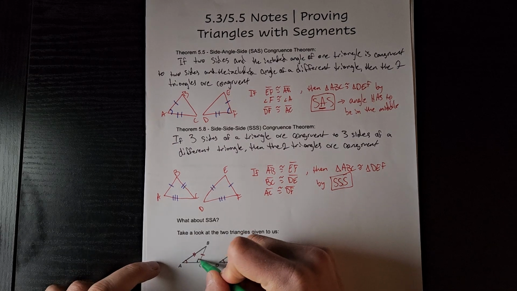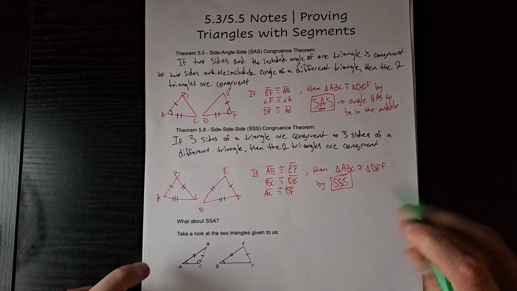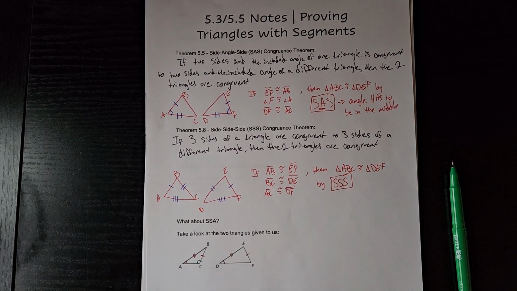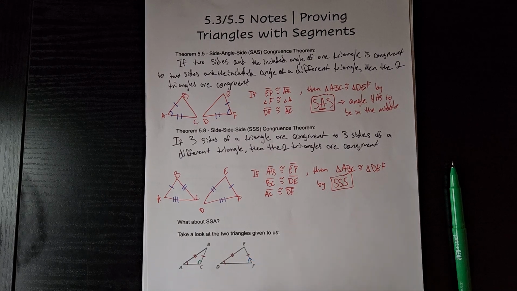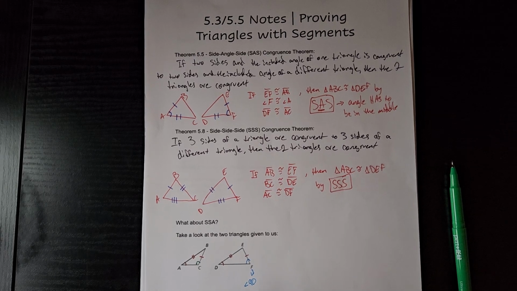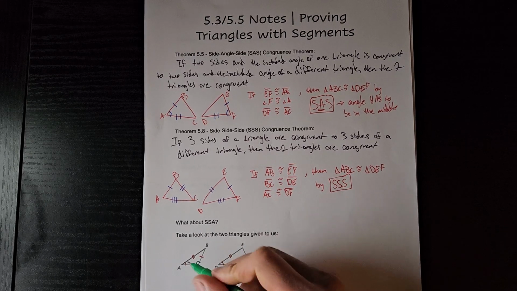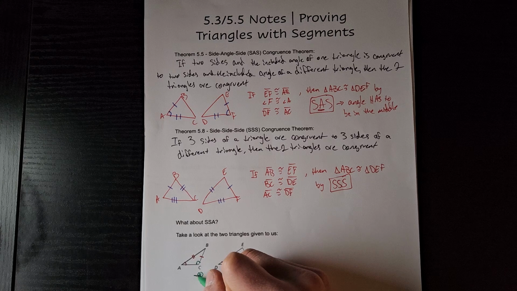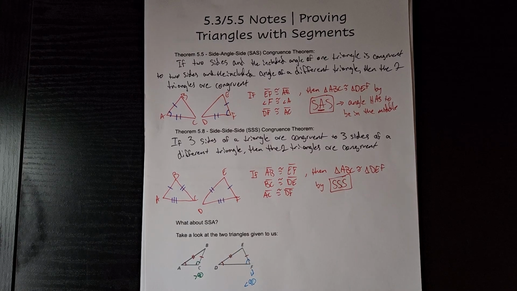Look at angle C. Angle C is very different in the fact that this angle F is definitely less than 90 degrees, and this angle C is definitely more than 90 degrees. Which means that C is not congruent to F, which proves the fact that these two triangles cannot be the same. They are not fully congruent with each other.